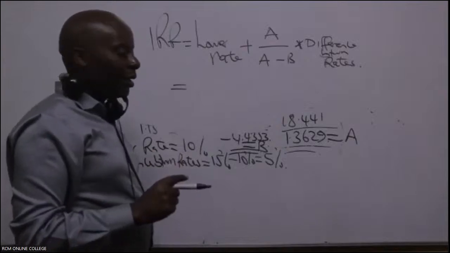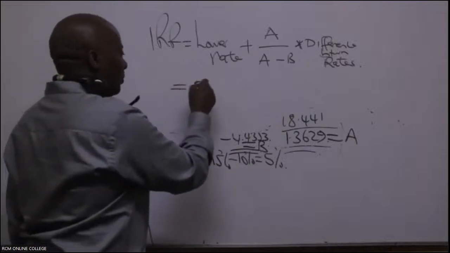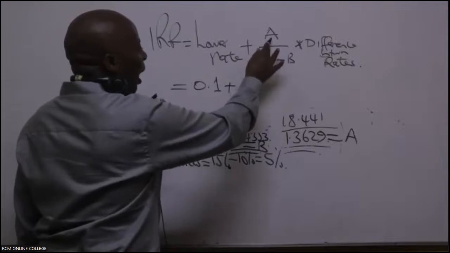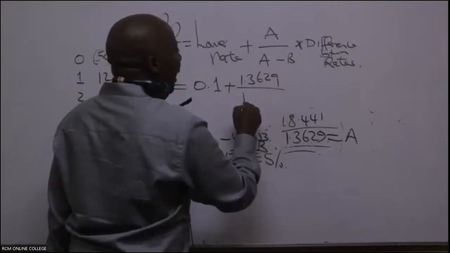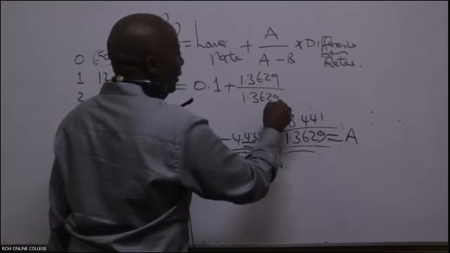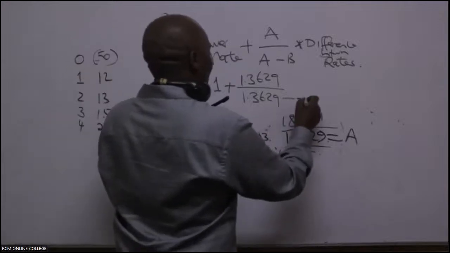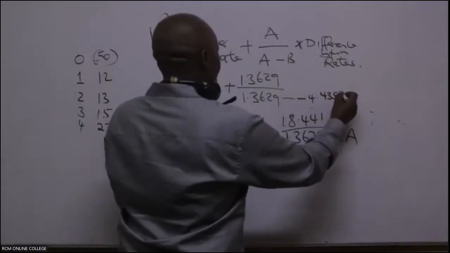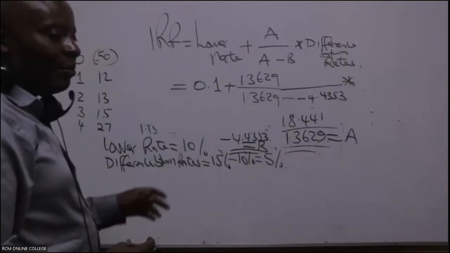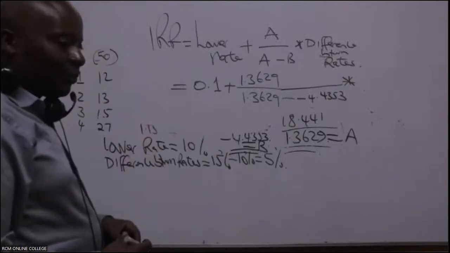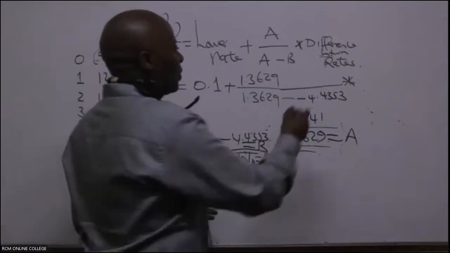It's 10%, the same as 0.1, plus our R. Our R is 1.3629, all over R, minus B. And B itself is minus 4.4353, times the difference between rates, which is 5%, the same as 0.05.